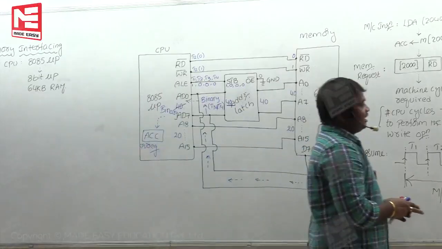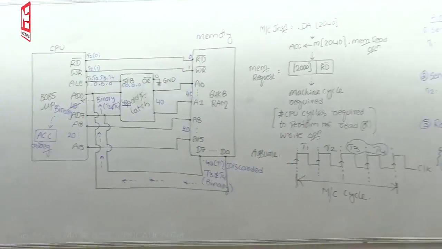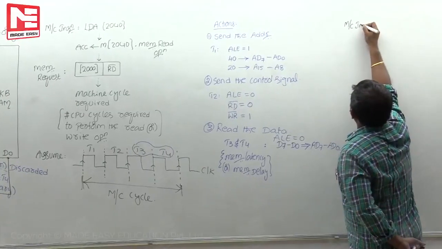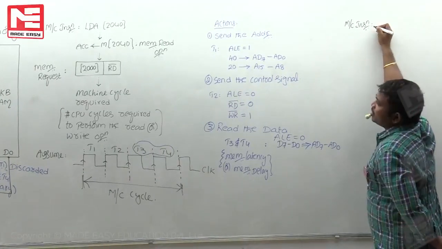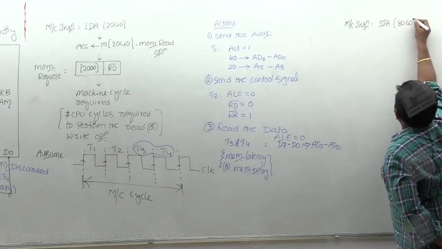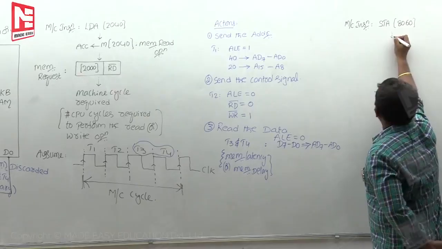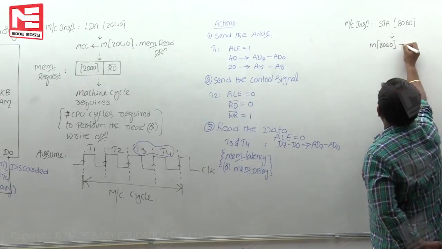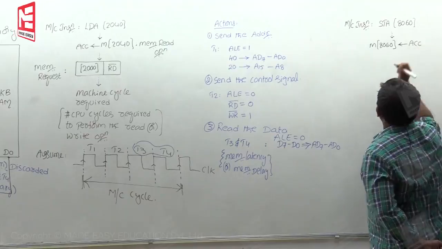When we look at the write action, write operation, the machine instruction is STA, store accumulator at 8060, store operation. So here the memory content of 8060 will be updated with the accumulator.